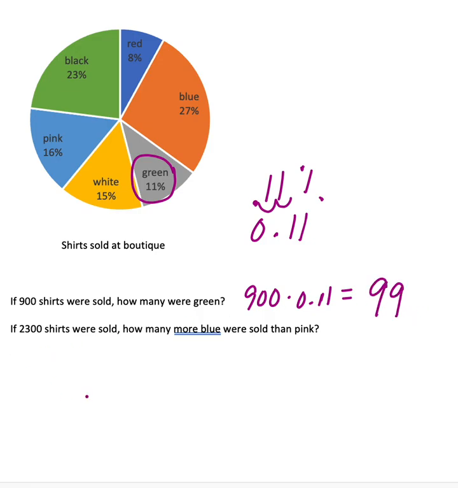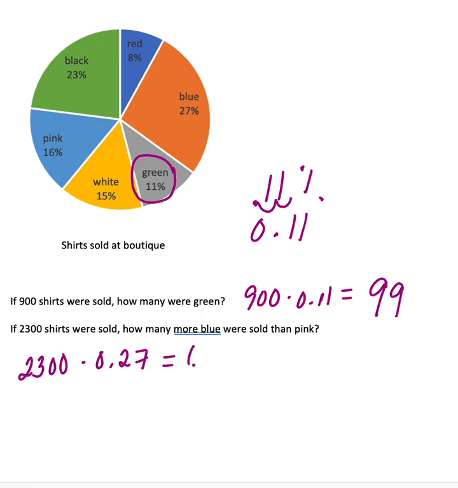Now let's take a look at this question. If 2,300 shirts were sold, how many more blue were sold than pink? So 27% were blue and only 16% were pink. First I have to figure out how many shirts were blue and how many were pink. So I'll do 2,300 times 0.27 to find how many were blue, because again, we have to change that percent to a decimal.